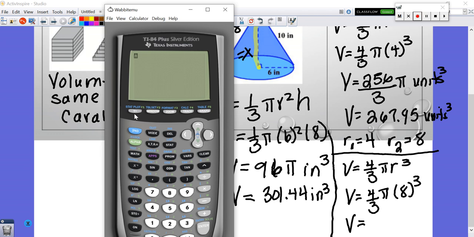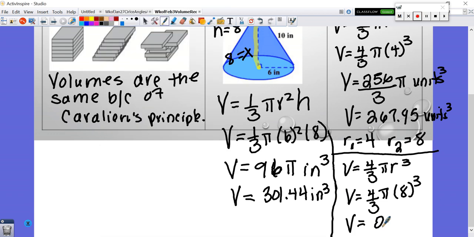And I'm just going to go ahead and use the calculator so you can see both ways, mental math and this way. And raise to the 3rd power. So we get 2048 over 3 pi, and it's units cubed.